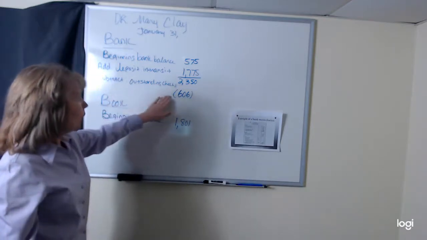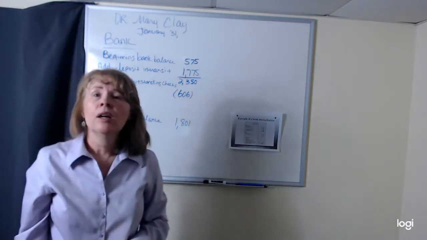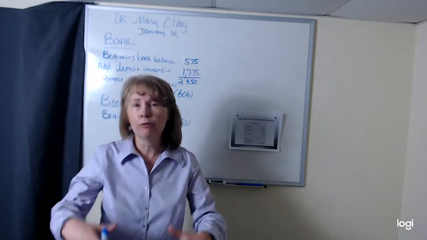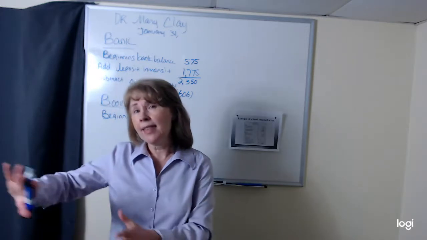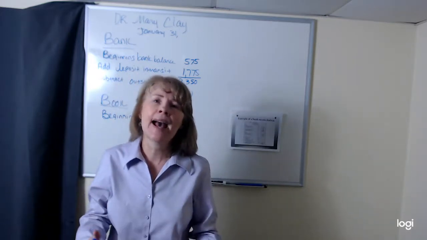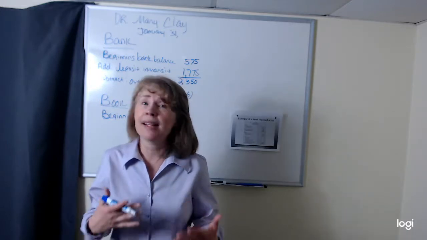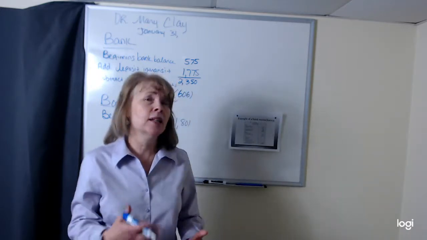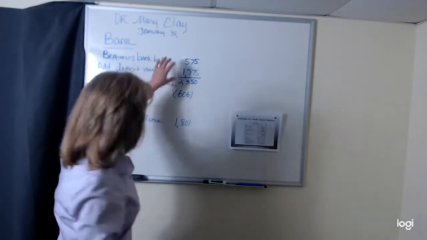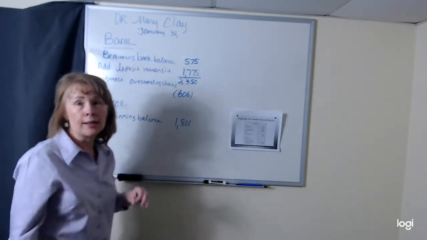Right below it, you have your outstanding checks. Outstanding checks are checks that the book has written. They've written out the checks, they've sent them out to, for example, suppliers, and the suppliers have not cashed them yet. So that, again, is a timing issue. So outstanding checks will always subtract from the bank side. And when you do that, you would complete the reconciliation.